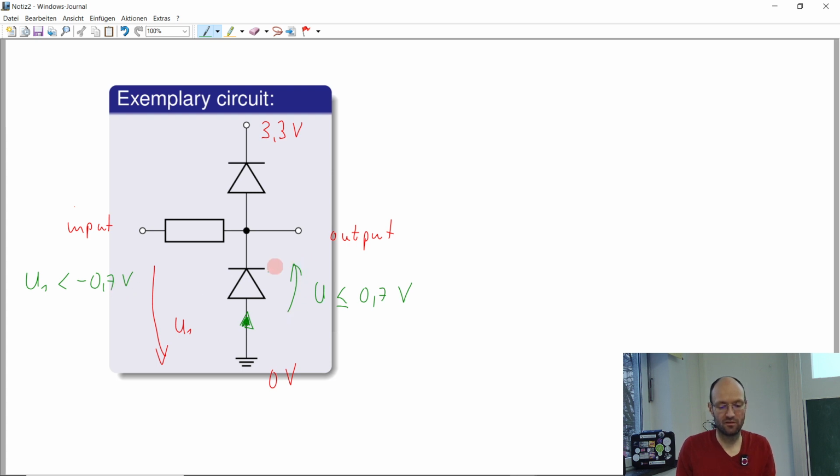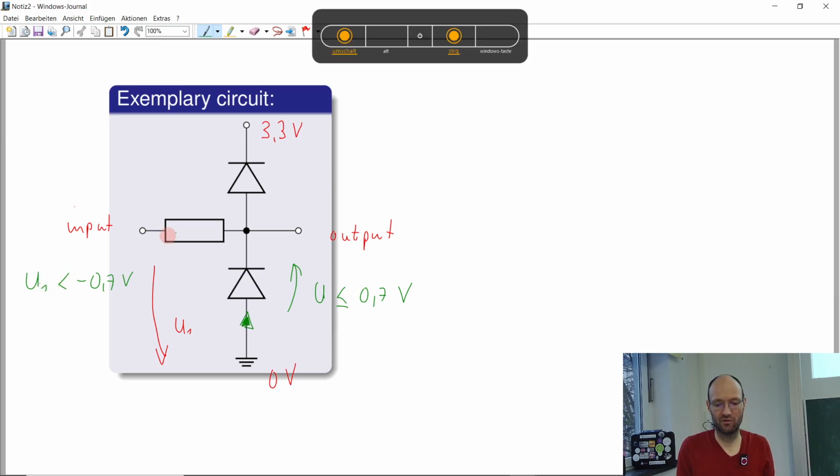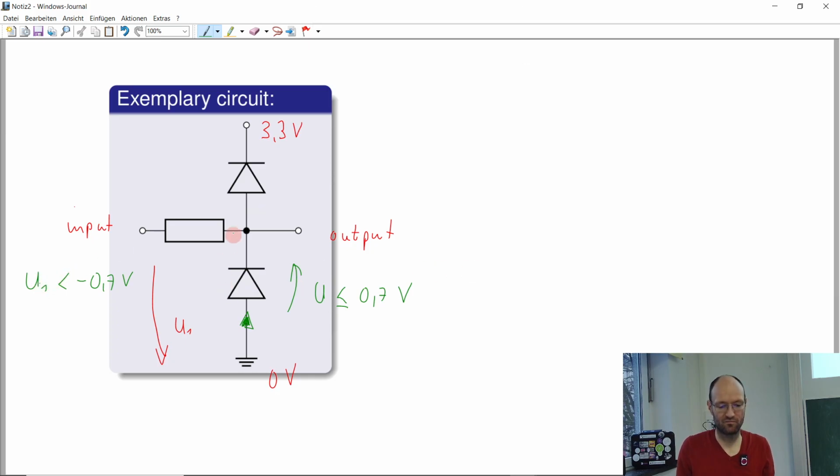then this diode would get conducting and there would be a current flowing through this diode from the ground to increase this voltage so much that it's not below this threshold anymore.